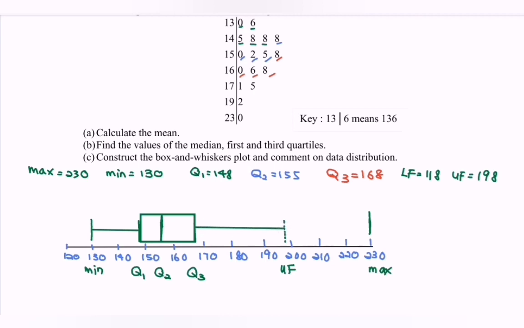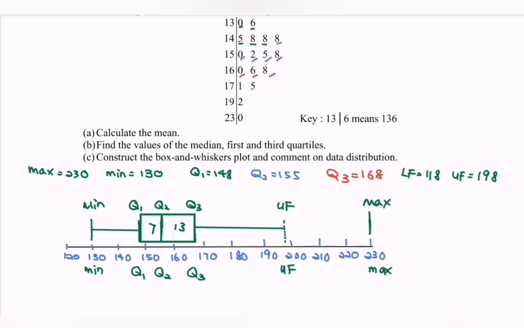Next, we have to find the difference between the first quartile and the third quartile. So in here, notice that we have 155 minus the Q1. So we have the 7. Then for the third quartile until the second quartile, so we have the 13 as a difference. So we can name the situation minimum, Q1, Q2, Q3, and we have the value upper fence, and this one is the maximum.